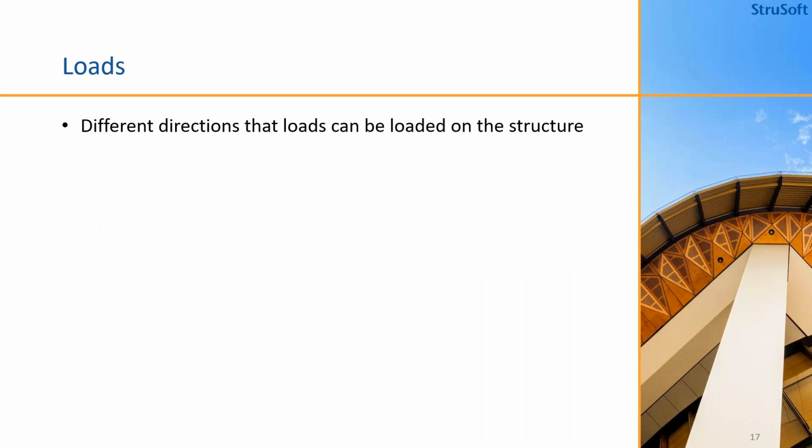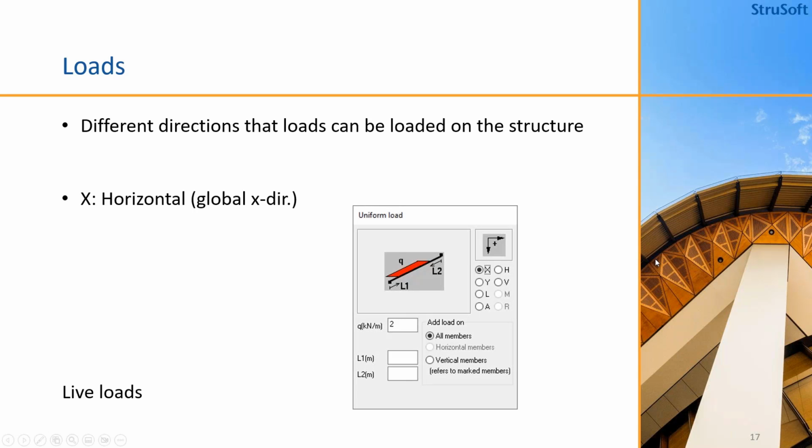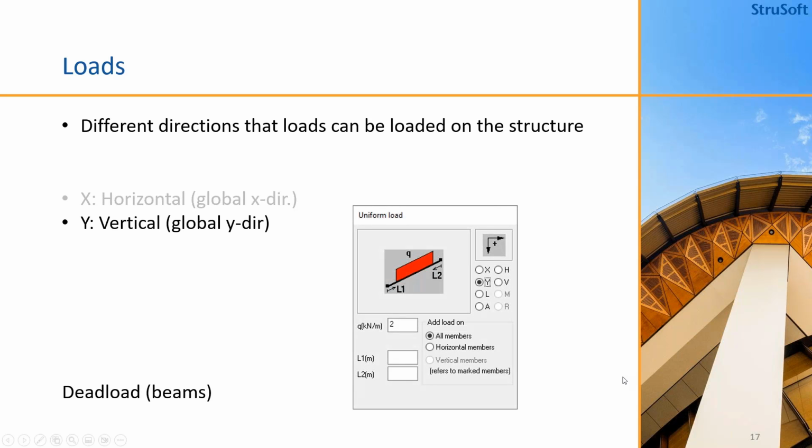And as I mentioned, we have different loads, but also that it can be applied in different directions. So we have the horizontal load in global X directions, and that's for basically live loads. We have the vertical Y direction that can be applied for dead loads, basically beams.